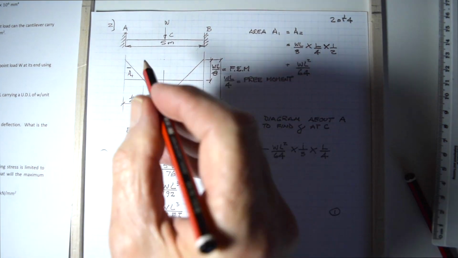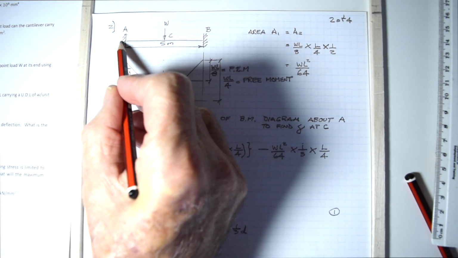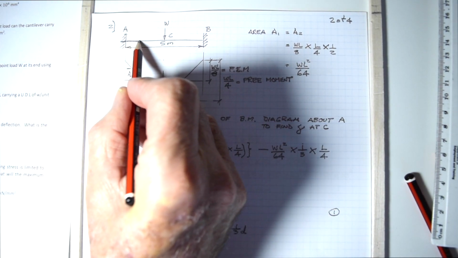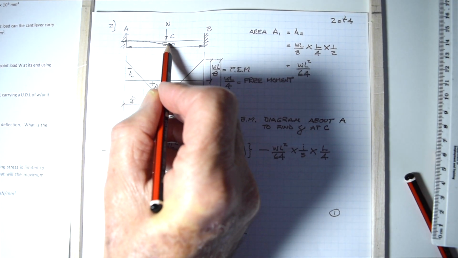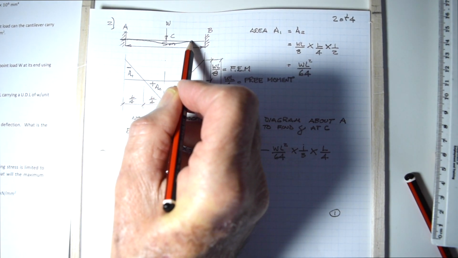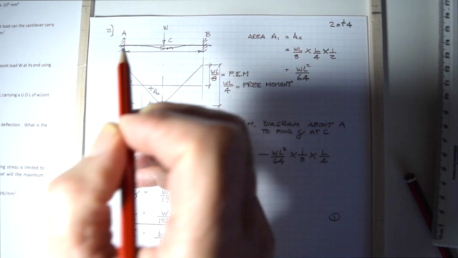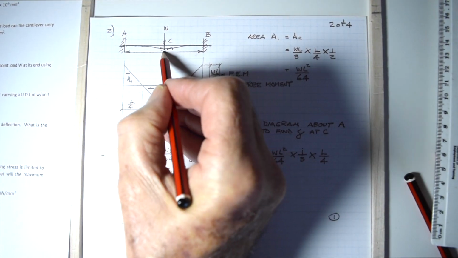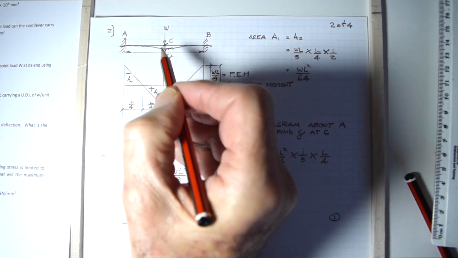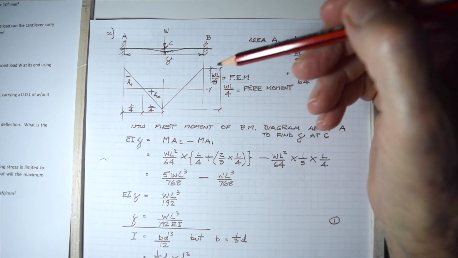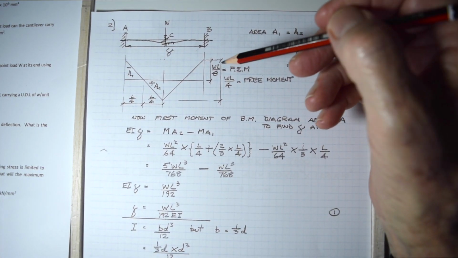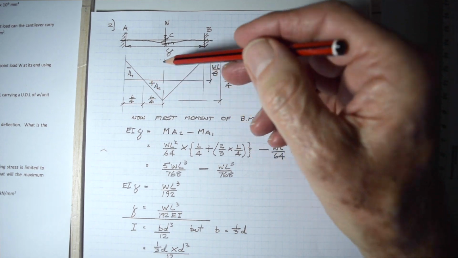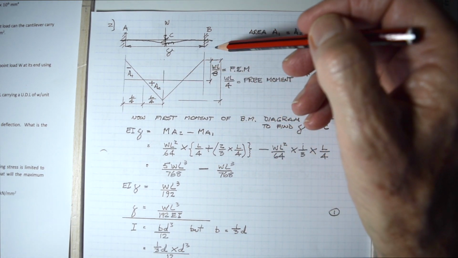Because how does this thing deflect? It deflects like this. Because it's fixed at that end, it deflects like this. Like that. And your deflection is there at the center. And that's what we're going to work out for a beam with fixed ends.